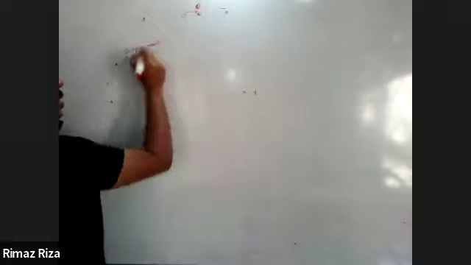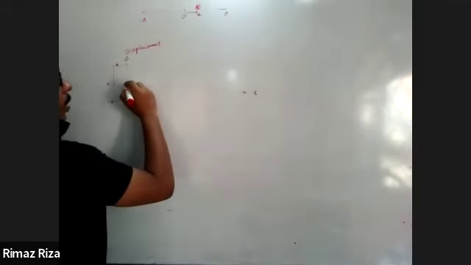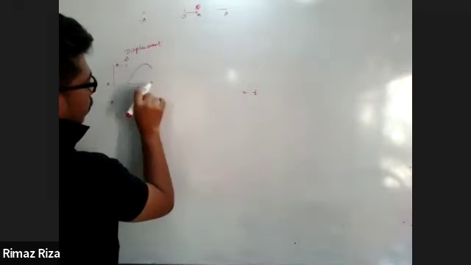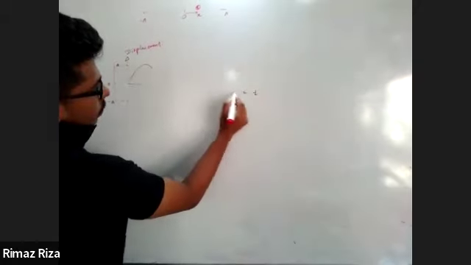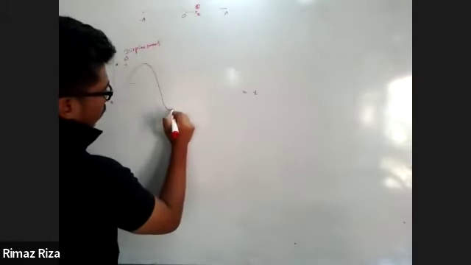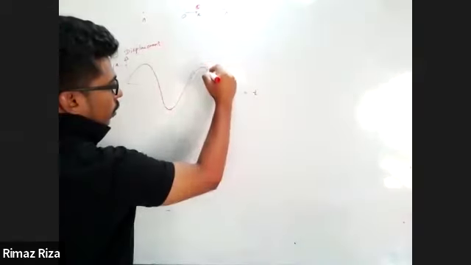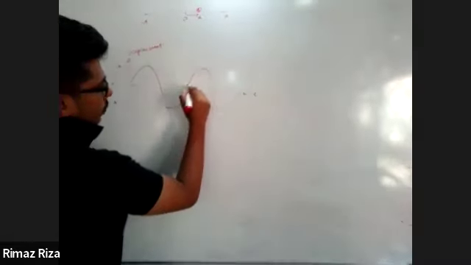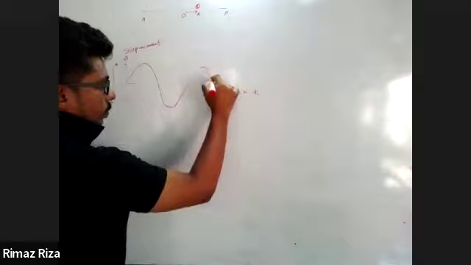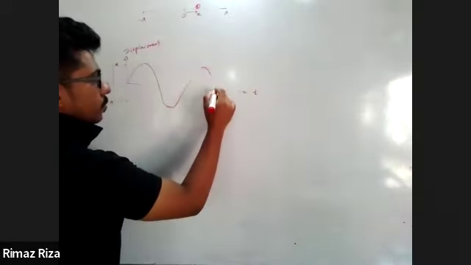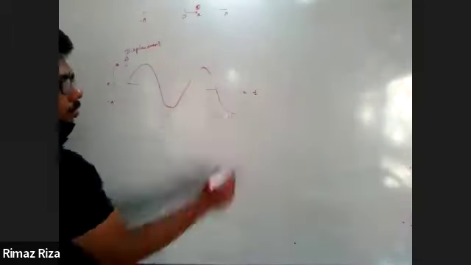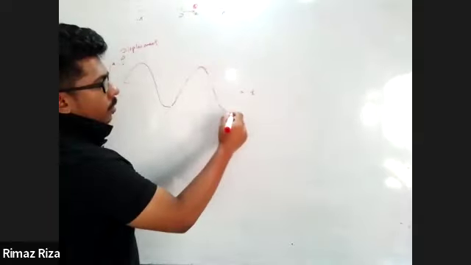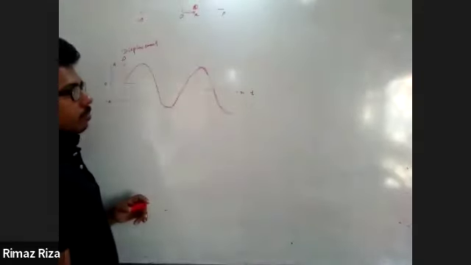So at t equals 0, if the particle is here, then the graph will be given by a waveform, a sinusoidal graph. You will get a sine graph. This is how the wave moves. The displacement varies with time.